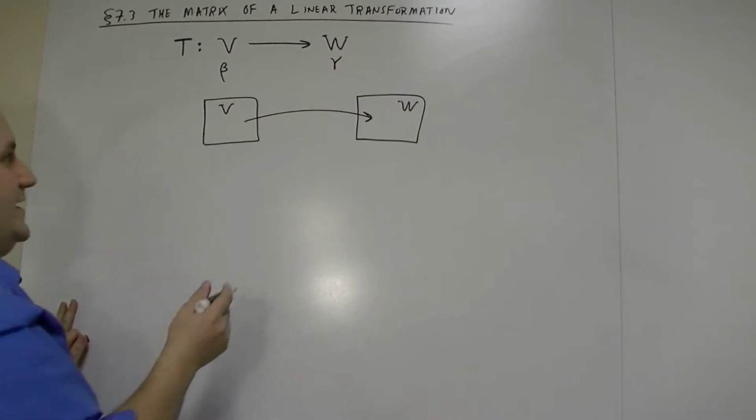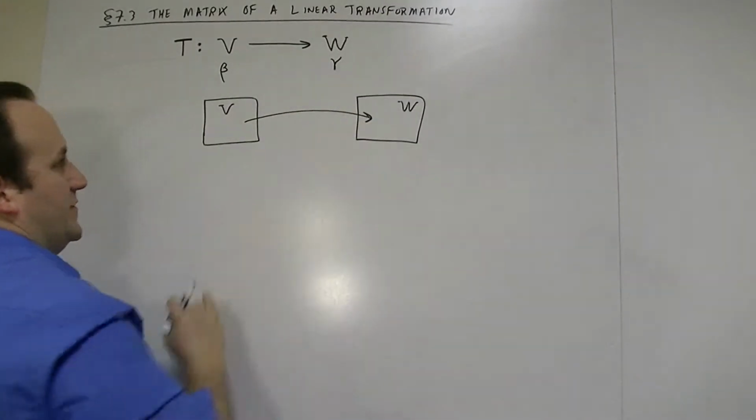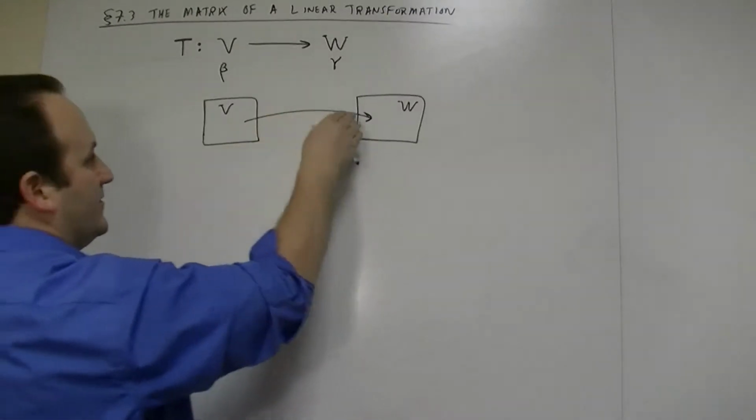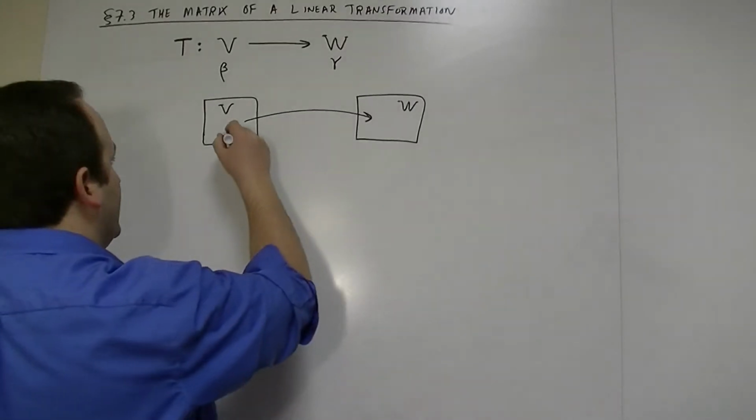But I can't write a mapping directly from V to W just as a matrix multiplication, because V and W may be sets of matrices themselves. They could be polynomials, they could be functions, they could be all kinds of crazy stuff. I can't realize this black arrow as a matrix multiplication many times. However, what I can do is use coordinates.